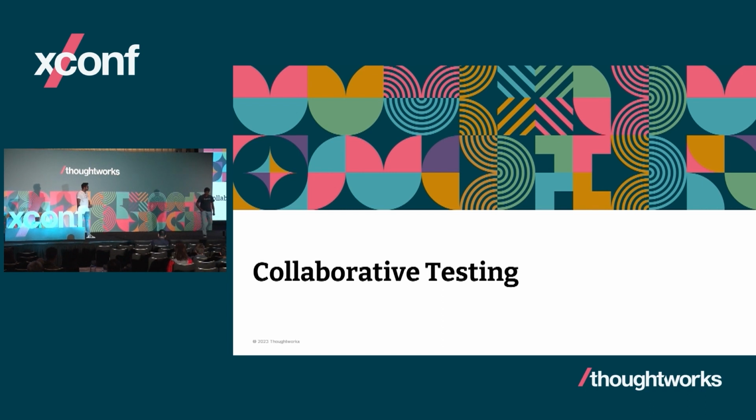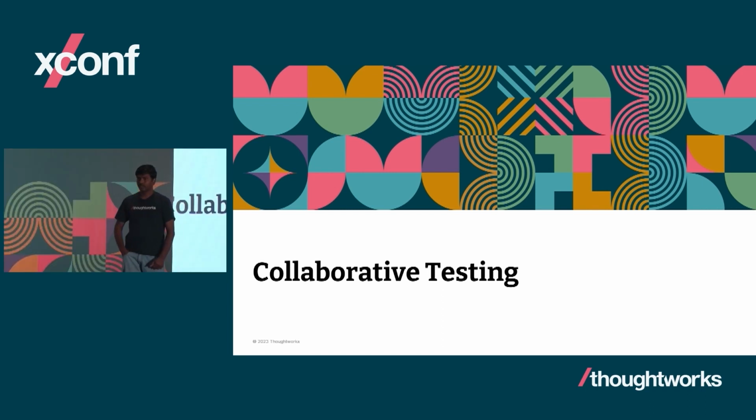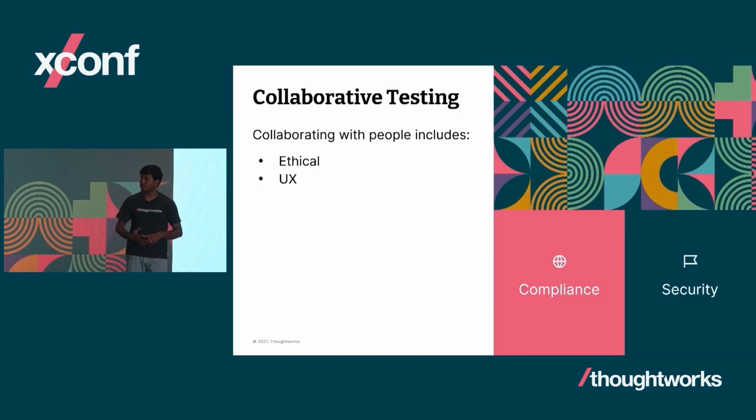When it comes to collaborative testing, it is important to have different user personas, people from different ethnicities, religions, and cultures, and from the geographies that the product is going to reach, and different personas who have good knowledge around compliance, legal, and also security.